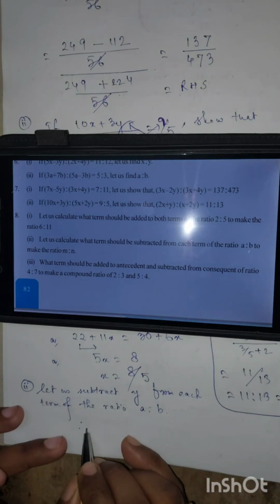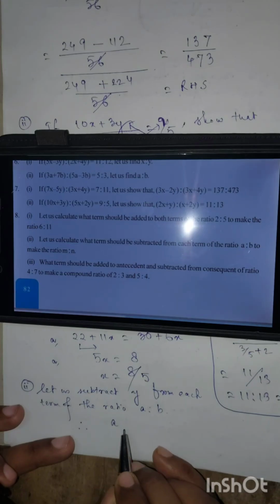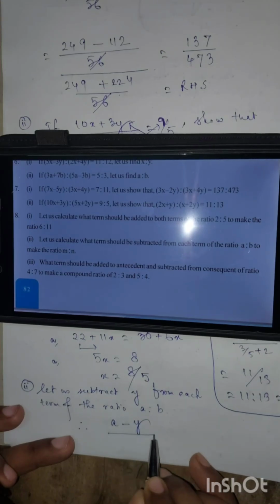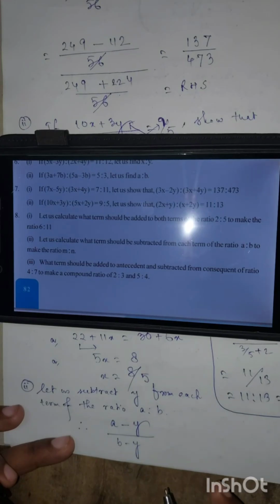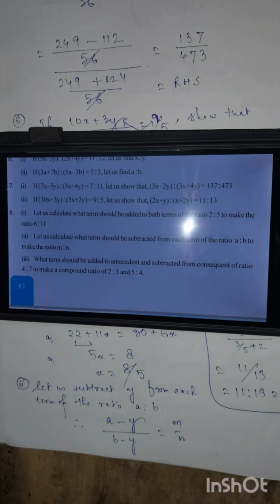Therefore, the ratio gets changed. So it becomes a minus y, b minus y. So this new ratio is equal to m by n. Okay.